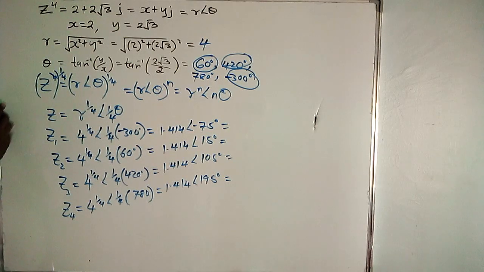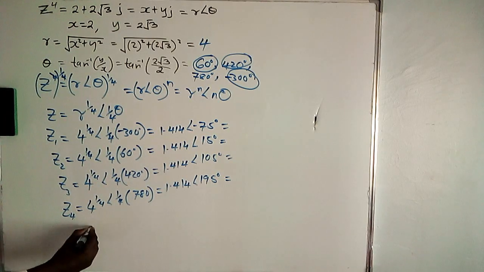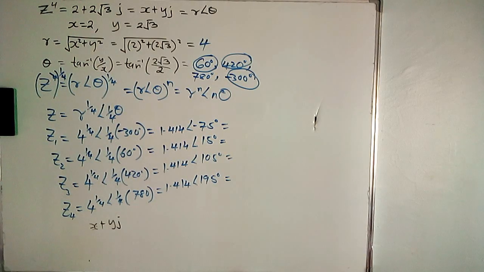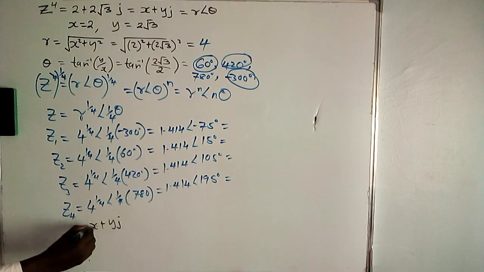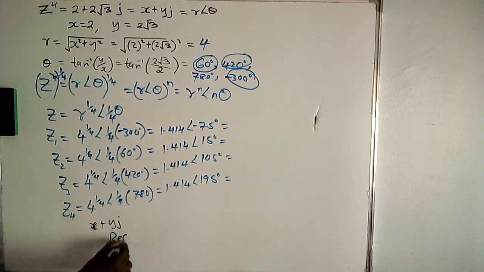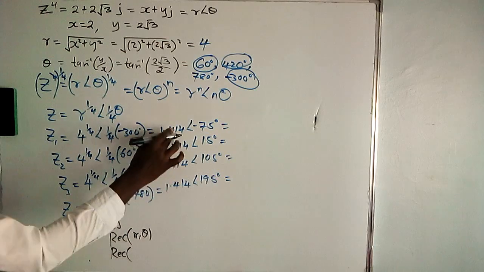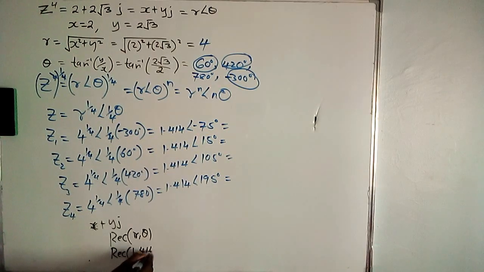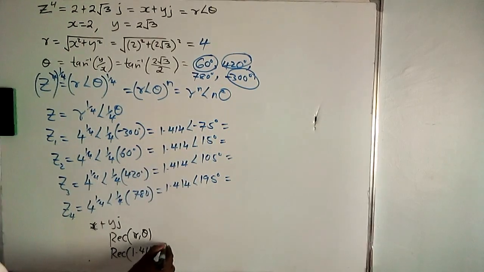So we found all the solutions in polar form, but they wanted the solution in the form a plus bj, meaning in Cartesian form, in the form x plus yj, isn't it? So to change the polar form to Cartesian form, you use the rectangular form of r, theta, rect, isn't it? So let us start with the first one. The rectangular form of r is 1.414, comma, theta is negative 75 degrees. What do you get?